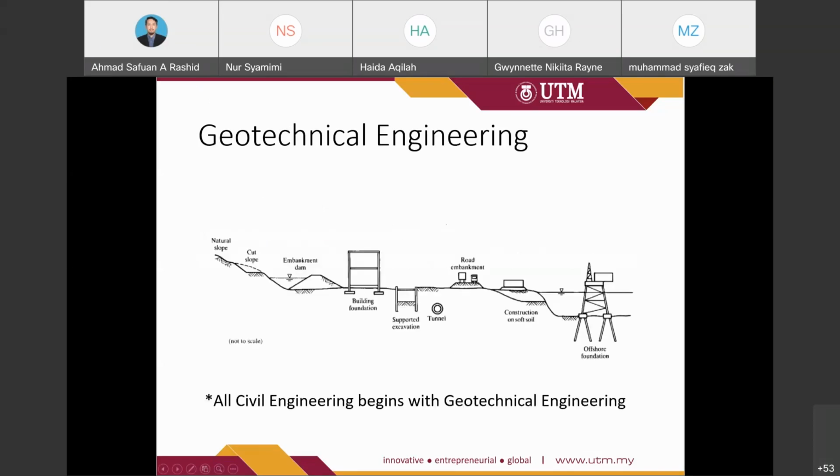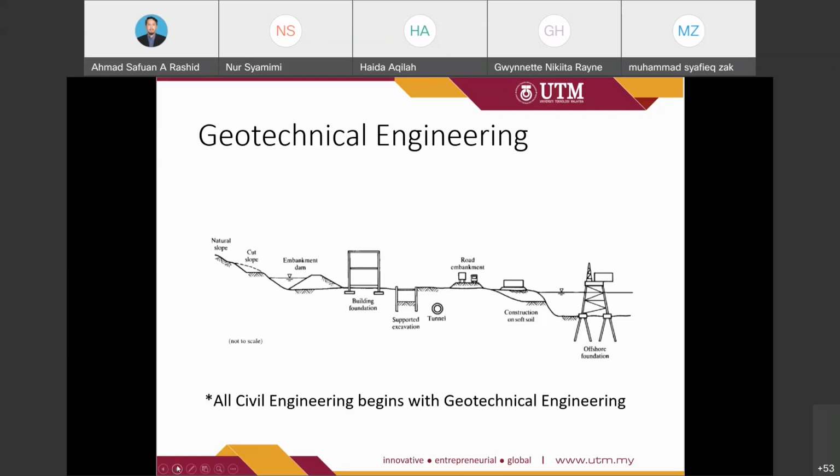So as we know, it's very important for us to learn geotechnical engineering, where we understand that most of the structures that we build will sit on the ground. Start from the natural slope, so we need to check for the stability.